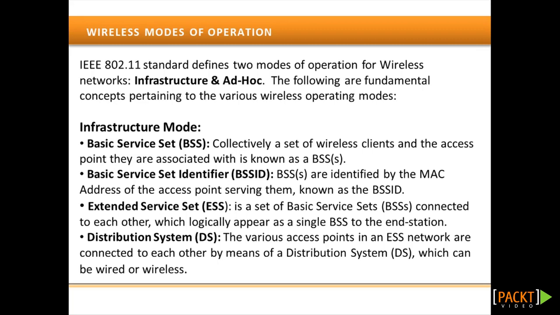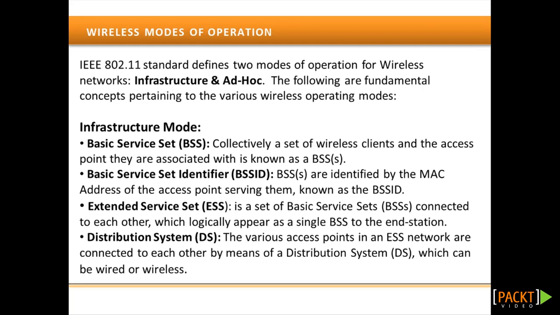Next is an extended service set, or ESS, which is a set of two or more basic service sets, or BSSs, connected to each other, which logically appear as a single BSS to the end station. ESSs allow wireless clients to roam within the wireless network without changing their Layer 3 IP addressing.